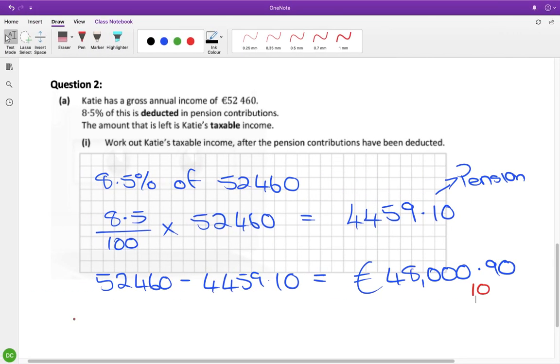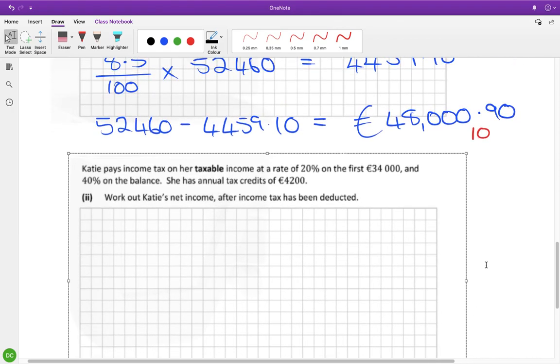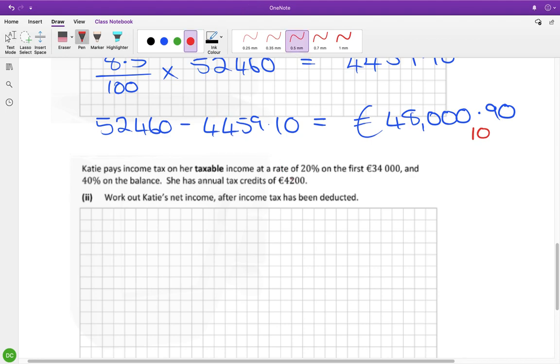So Katie pays income tax on her taxable income at a rate of 20% on the first 34,000 and 40% on the balance. She has annual tax credits of €4,200. Okay, so work out her net income after the tax has been deducted, right? So we start with €48,000 and 90 cents because that's what she's taxed on, and we split it up into her 20% tax and her 40% tax.